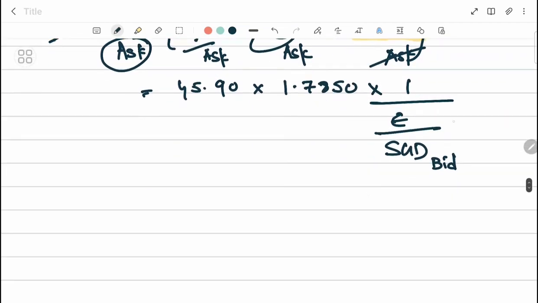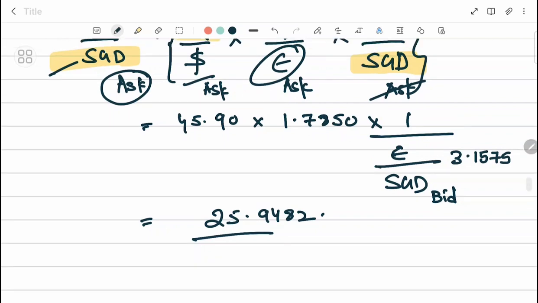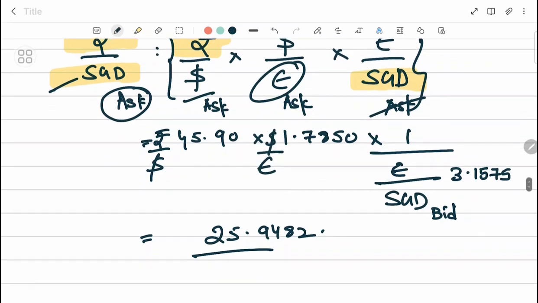So this is 3.1575. We calculate this, so this comes up to 25.9482. Now the currency is extremely important, so I'll write the currency here. This is rupee by dollar. This one was dollar by pound, and this we've already done.